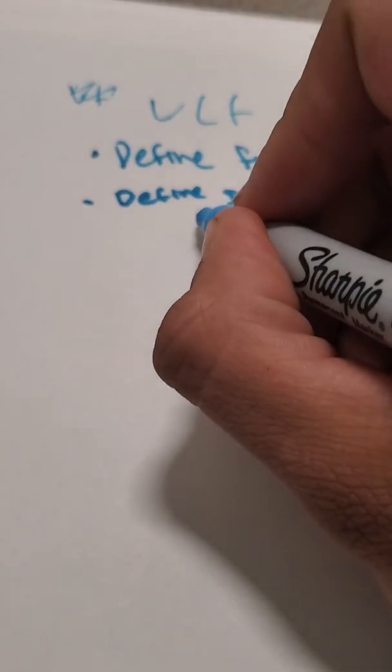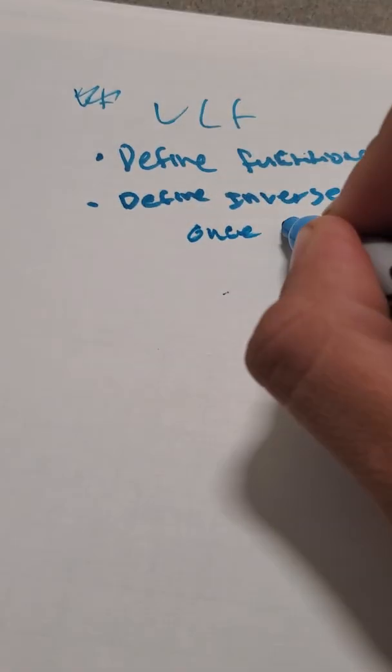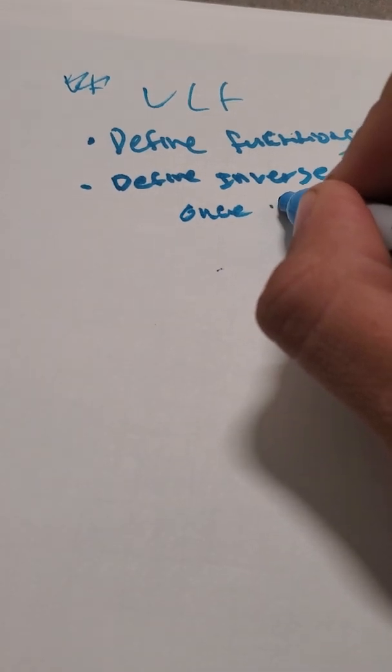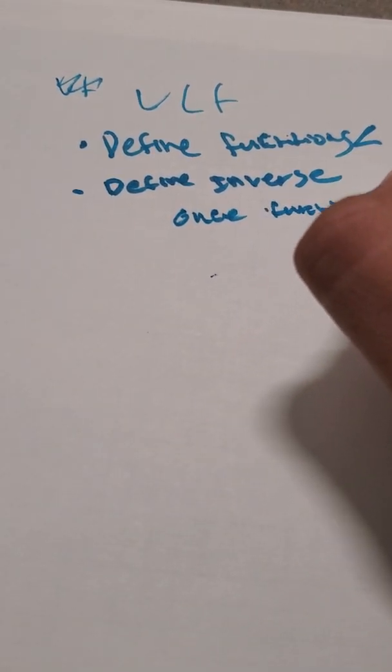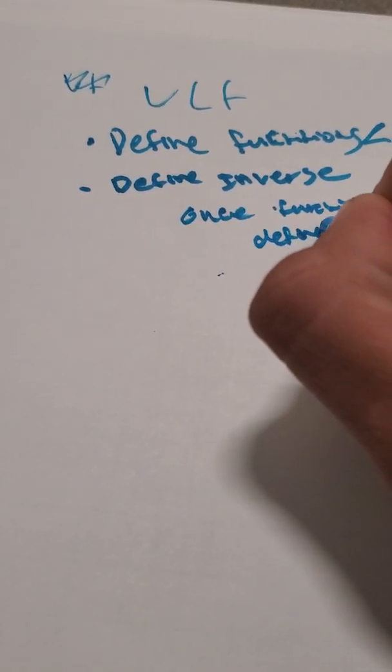Define the inverse once the function is defined. And also in calculus, it allows us to determine continuity. It needs to be a function to be able to be continuous, of course.